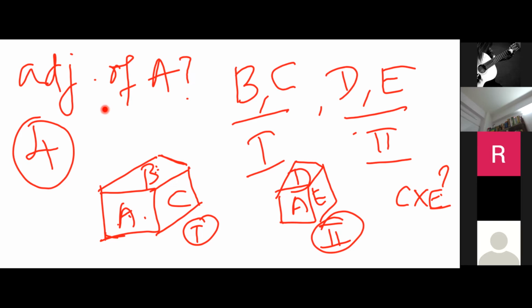B and C are visible to us here, and D and E are visible there. Imagine this in the dice. Since the letter A is common, these two sides should come here, D over here and E over here. So the other 4 sides adjacent to A are B, C, D, E. That's all. Very easy. Got it?